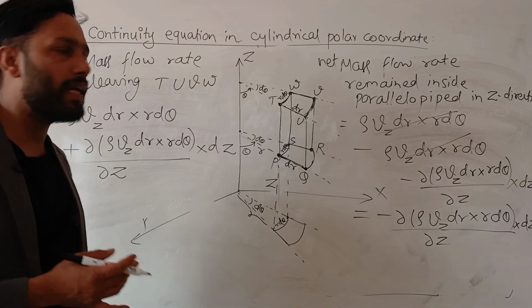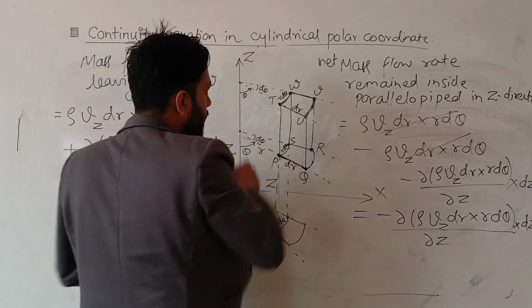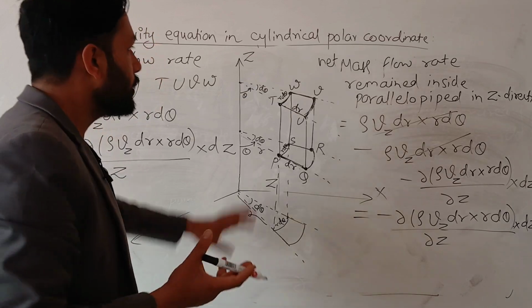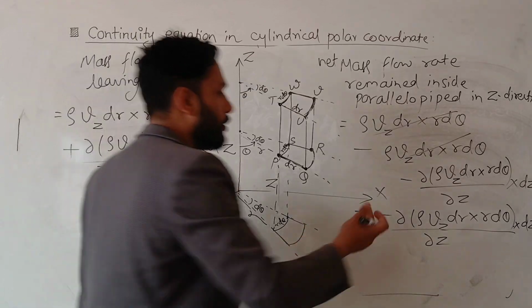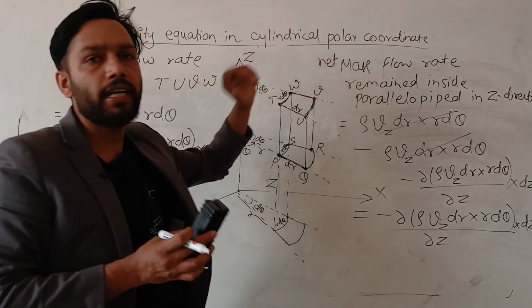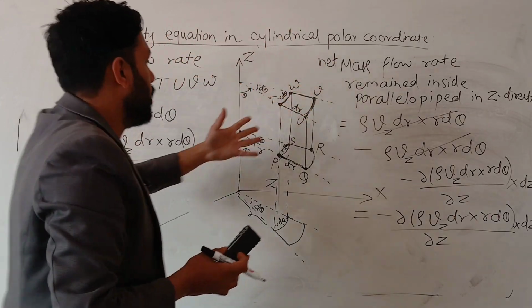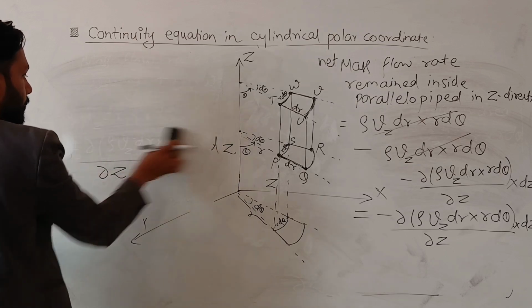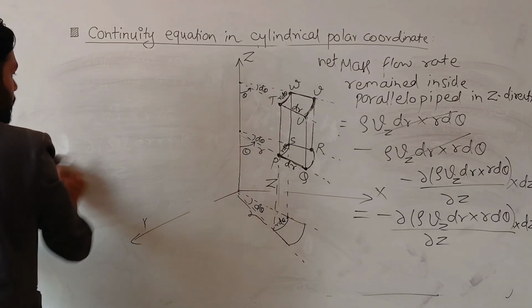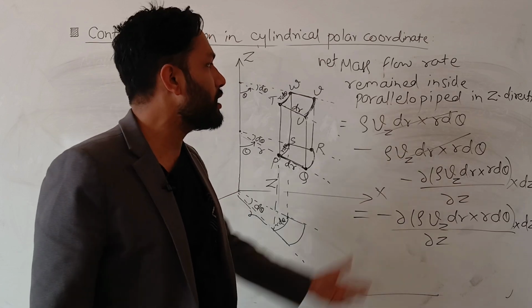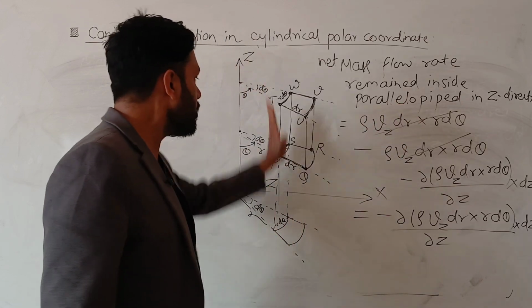Now let's go to find out the net mass flow rate in this radial direction and this angular direction, okay?